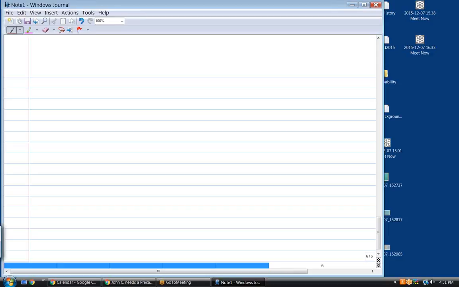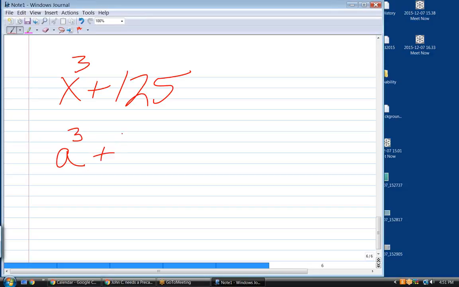X cubed plus 125? Yeah. What do we want to do? Factor that? No, it can. Yeah. Okay. Well, we're looking at A cubed plus B cubed. First of all, you need to know how that factors. Do you have that? Do you know what that is? What is it?